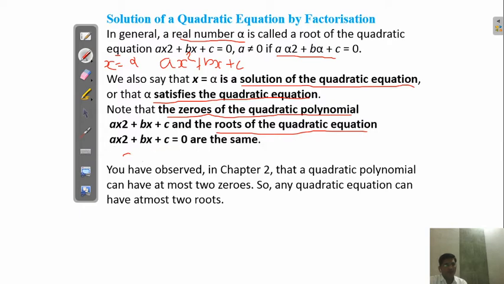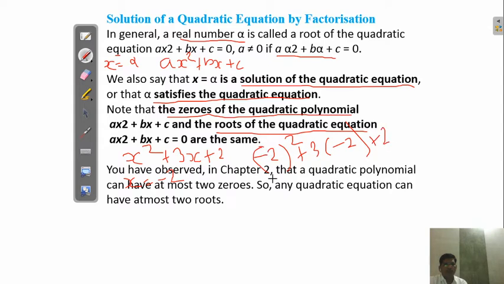Now if I write one question here, x square plus 3x plus 2. Now if I put x is equal to minus 2, then minus 2 square plus 3 into minus 2 plus 2.